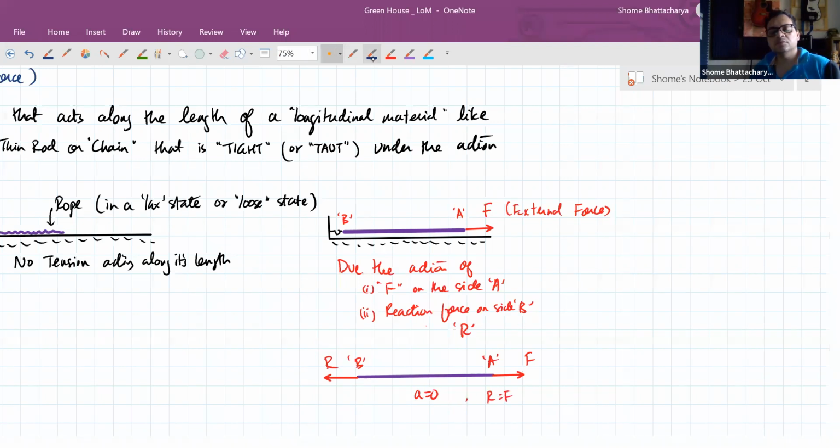But at the same time, due to the action of these two, what is happening?